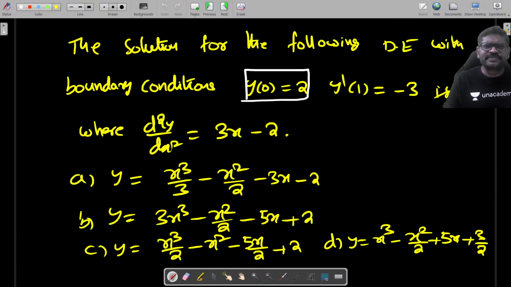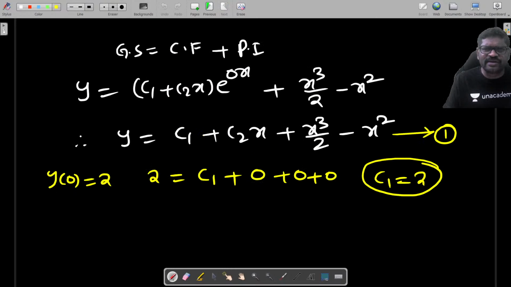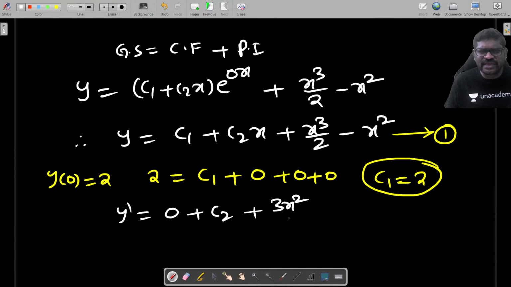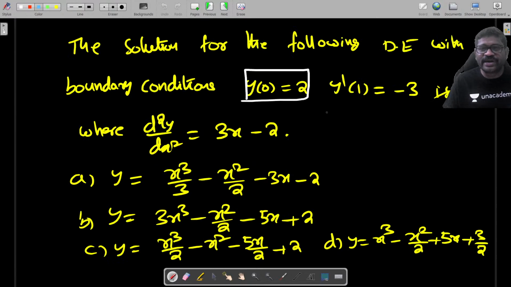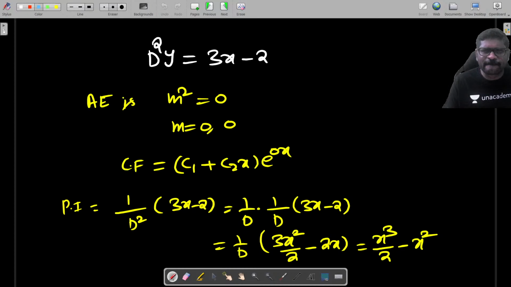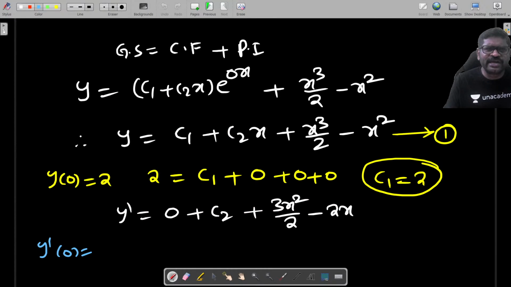Another boundary condition: y dash of 1 equal to minus 3. So we have to calculate y dash. Now y dash equal to 0 plus c2 plus 3x square by 2 minus 2x. The boundary condition is y dash of 1 equal to minus 3.